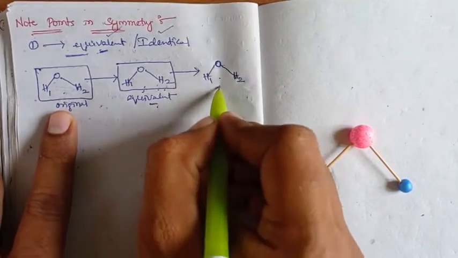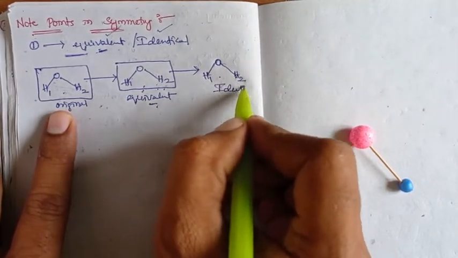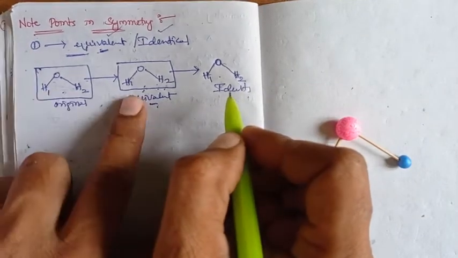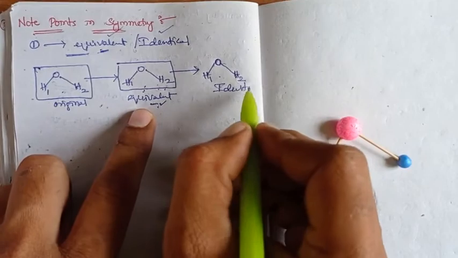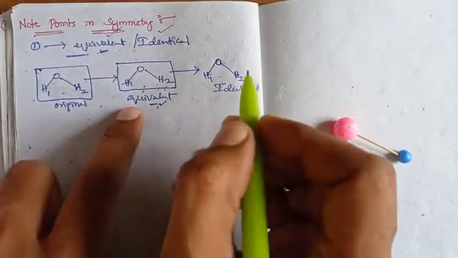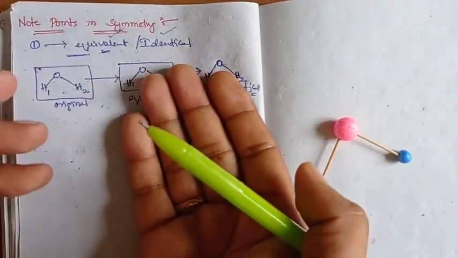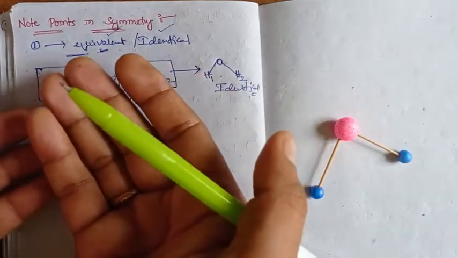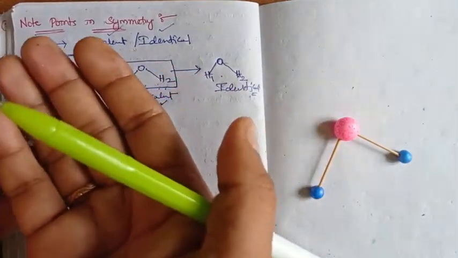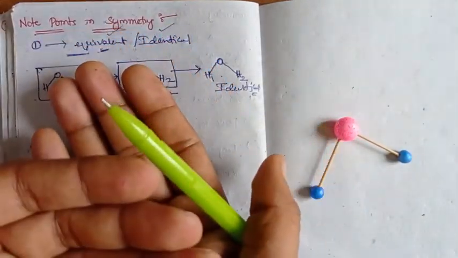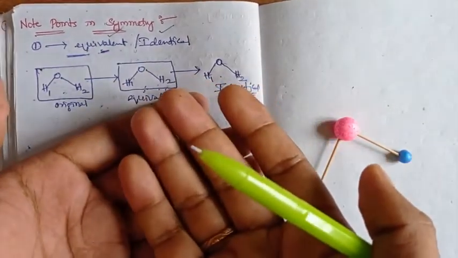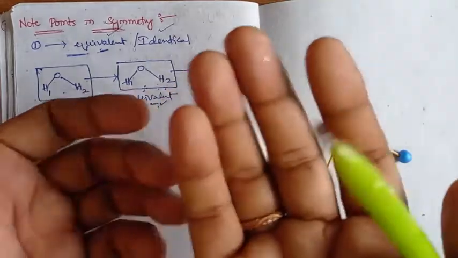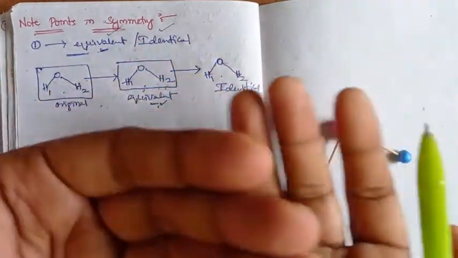It is identical. Why? Initially I said that after one reflection it is equivalent, but the second time I am saying it is identical. Because one reflection sends the above halves down and the below halves to the front, but in the second reflection, the above halves get back into the above position and the below halves get back into the below position.